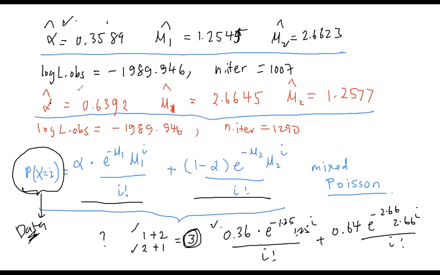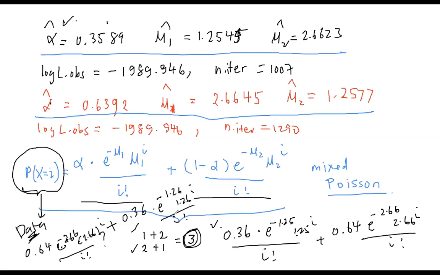Now, if you take this set of solution, what will happen? Basically, you will get 0.64 times, then this one is mu1, so it's 2.6, so e to the minus 2.66 times 2.66 to the I over I factorial, plus the complement 0.36 times e to the minus 1.26, power I over I factorial, right?